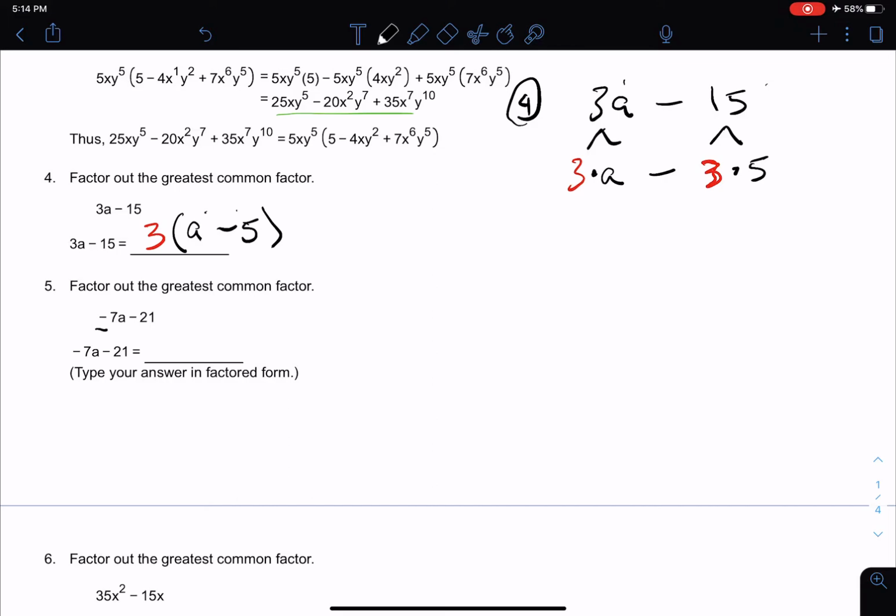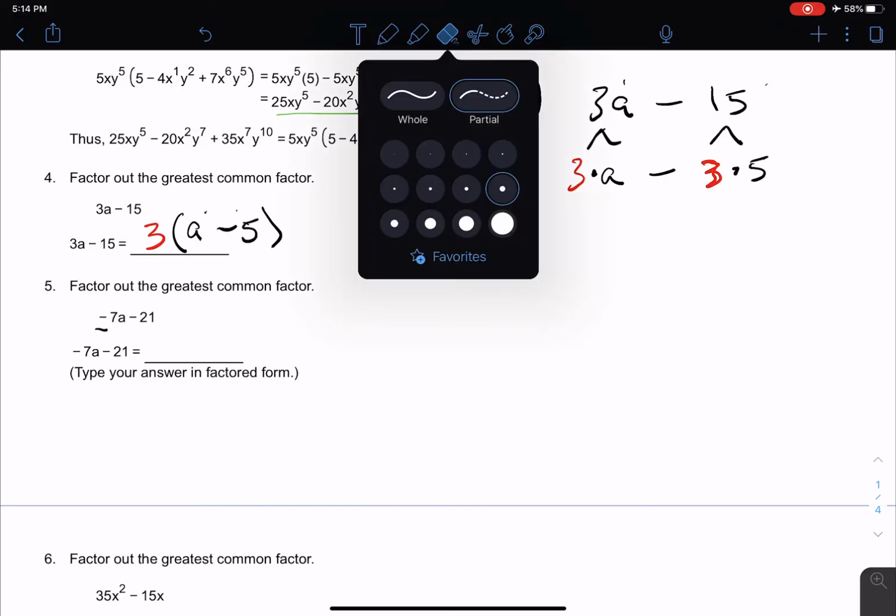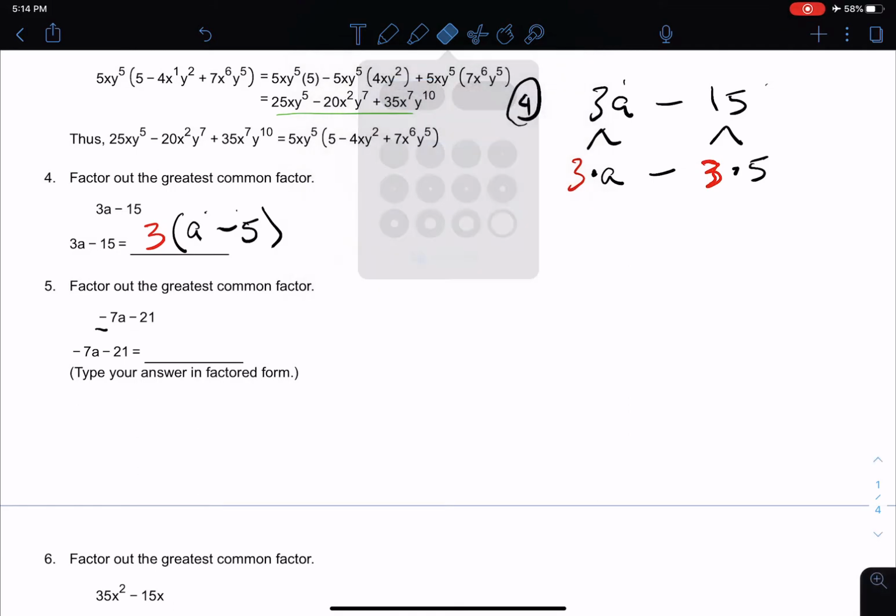That's something that we often like to do because it kind of cleans up the problem and it's kind of a good standard. Even though mathematically the two answers are going to be the same as long as you did your math properly, it's more of a convenience thing that when we see a negative as a leading coefficient, let's factor that out. Okay, so that's what we'll do.